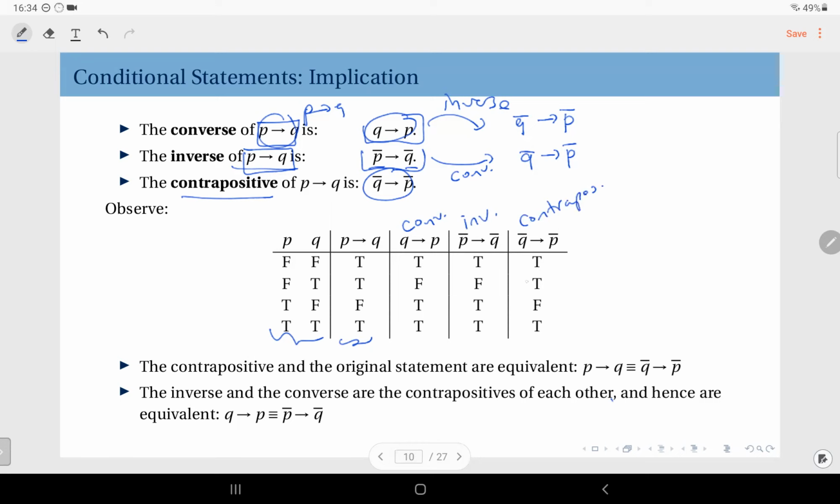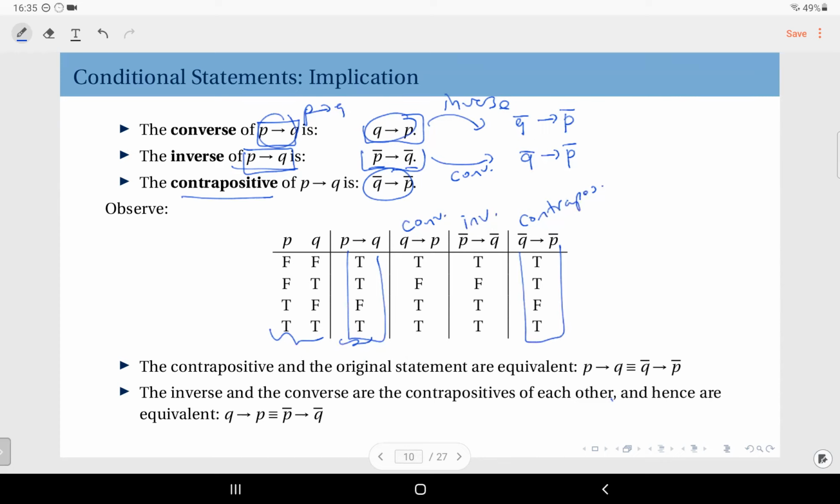When you look at the contrapositive and the original implication, you see that they are equivalent. This is extremely important because there is a proof method which uses this: proof by contrapositive. Instead of proving an implication, you prove its contrapositive, and then you argue that they are equivalent, so the proof is complete. So this is very important.